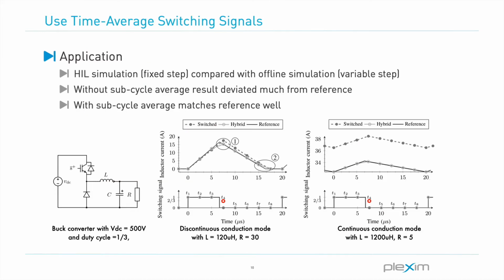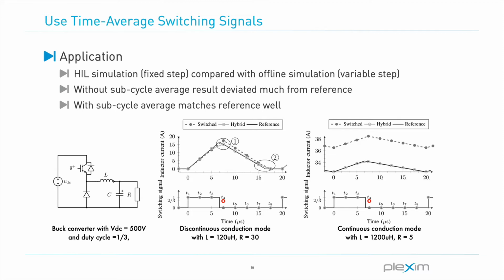Now the second problem, when we look at the fixed time step execution of a model in a real-time simulation platform, can be overcome by time averaging the switching signals over one simulation step. This can be seen in the case of a buck converter simulation given here on the bottom. Instead of taking the actual value of the switching signal at a simulation step, one can use time average switching signals S bar to accurately represent how long a switch has been in on and off state during a simulation step.